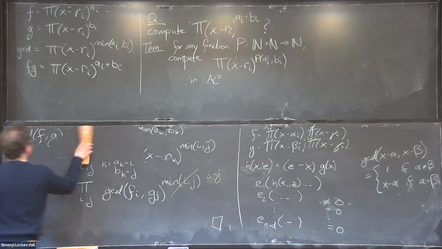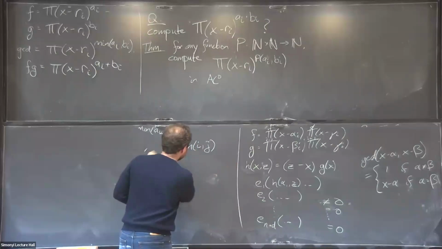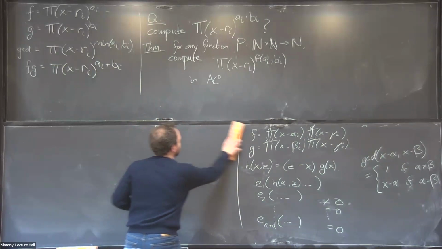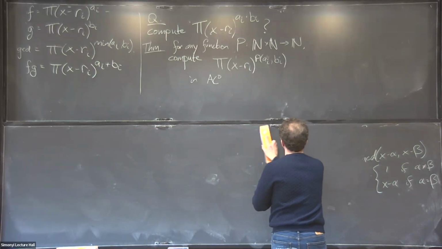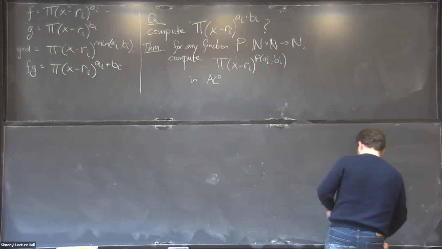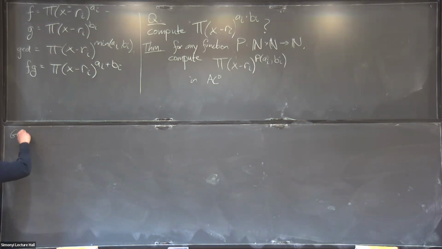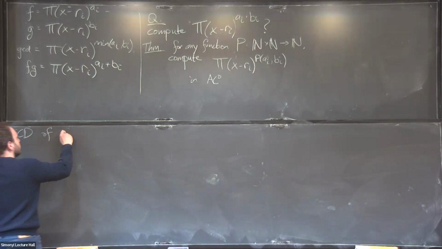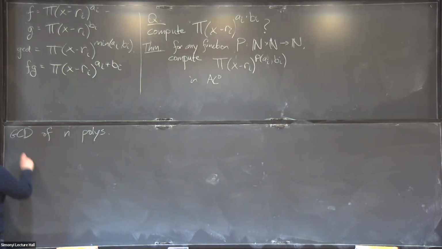How might you compute their GCD? Say I have n polynomials.